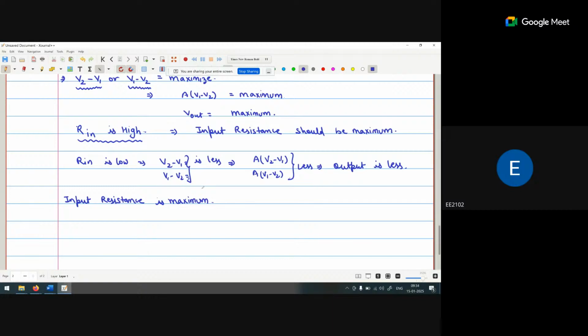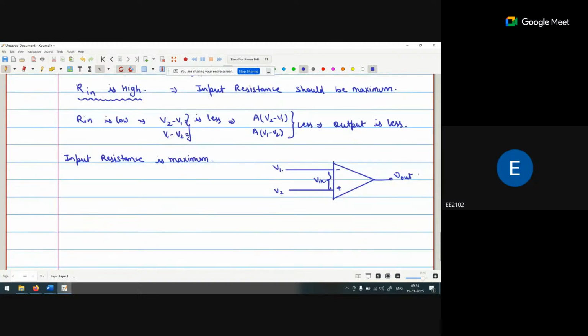Now, if we are discussing the signal system part, like this is my operational amplifier. We are getting an output here, V out. This one is V1. This one is V2. And the input applied between these two terminals, I am just saying V in.